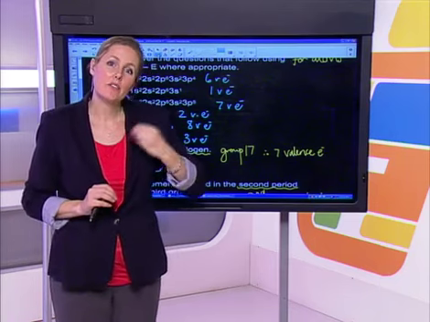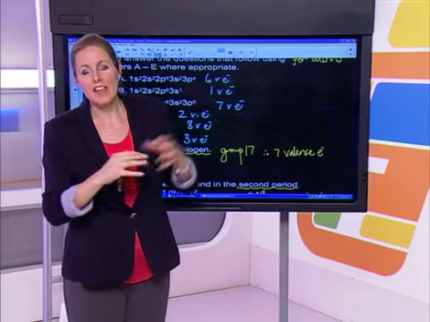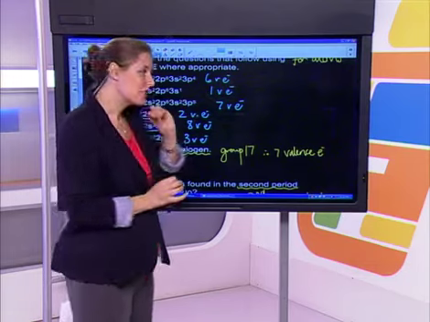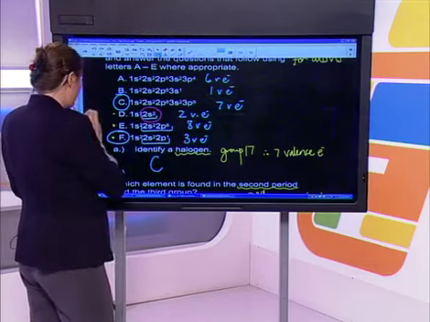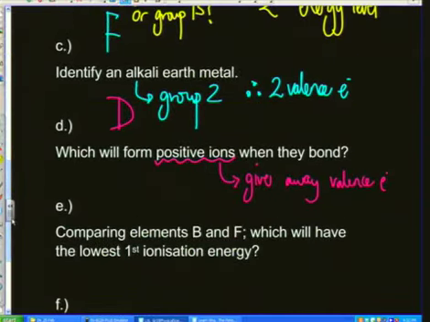Instead, if they give away, then they can revert down to the lower energy level, and then that is filled, okay, so it's going to be stable. It's critical to note here, the ones that are going to form positive ions must give away valence electrons, and those would be metals, that would be willing to give away. They will have very few valence electrons themselves.